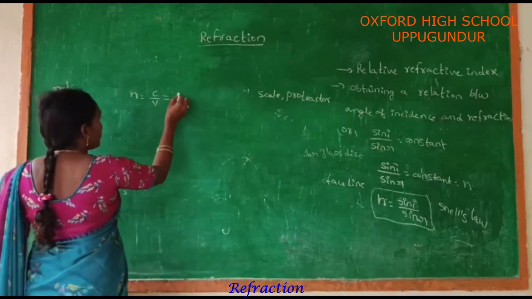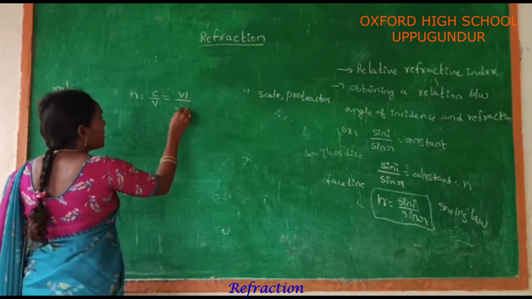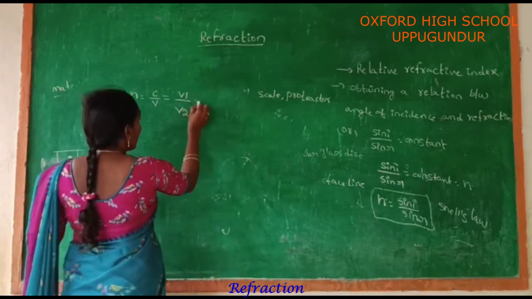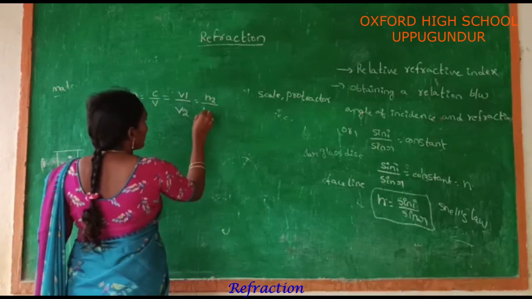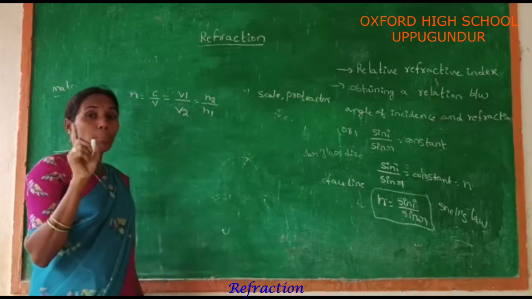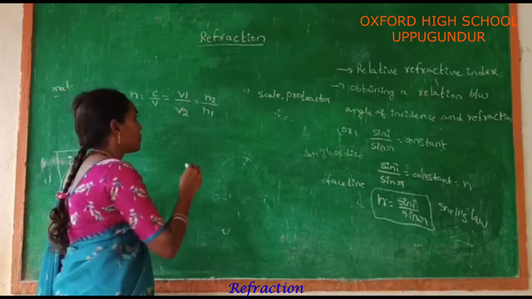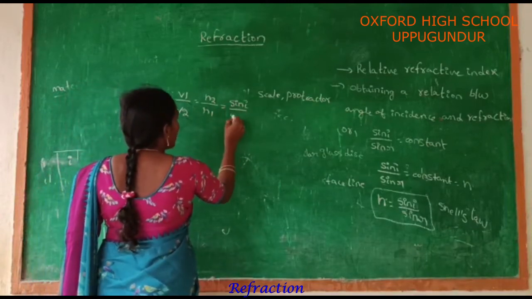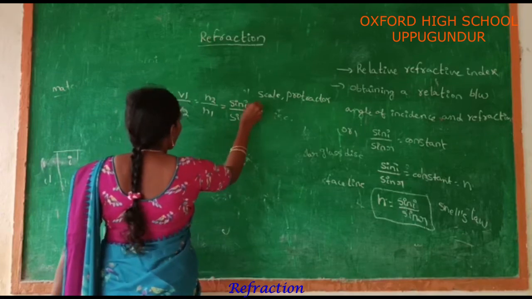This is also equal to v1 by v2, the speed of light in the first medium by the speed of light in the second medium, also equal to n2 by n1, the refractive index of the second medium by that of the first medium, and also equal to sin i by sin r.